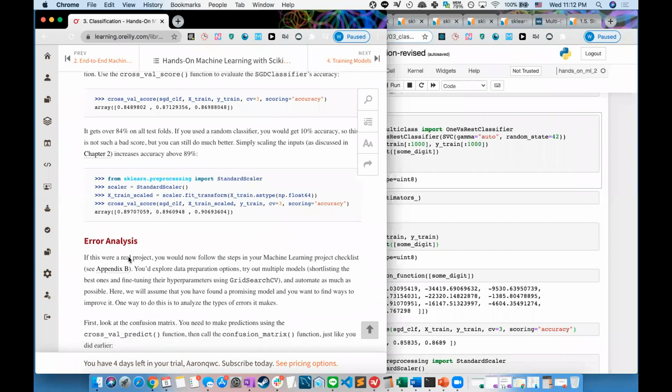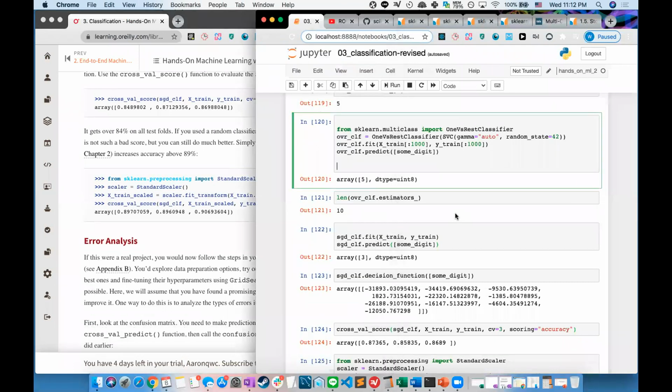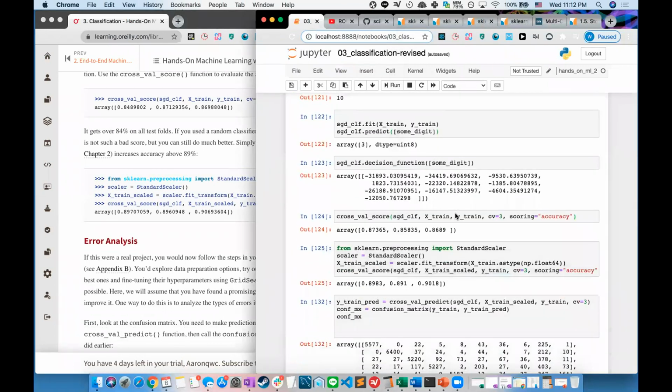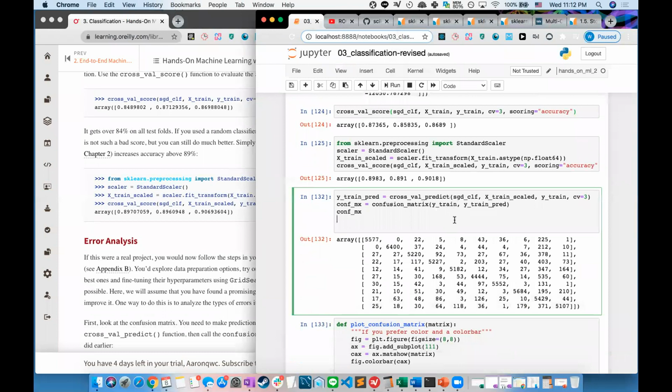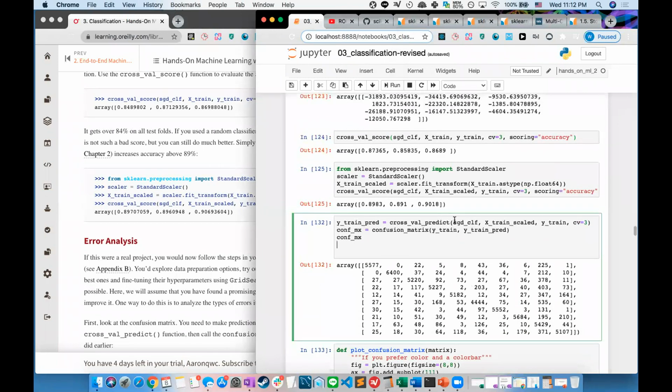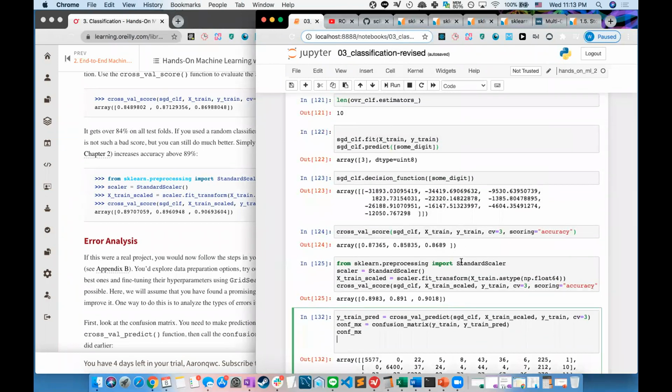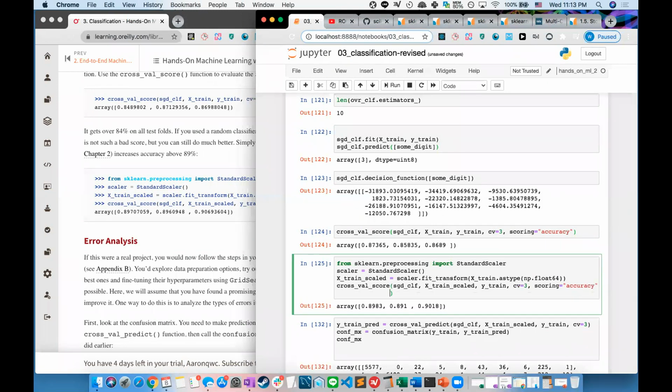Okay, before we jump into error analysis, anyone has any questions? I'm just trying to get an intuition as to what it actually means when we are scaling images. These are pixel values, the numbers that we're standardizing here, right? Per pixel value, and then we are scaling it to be between certain values.